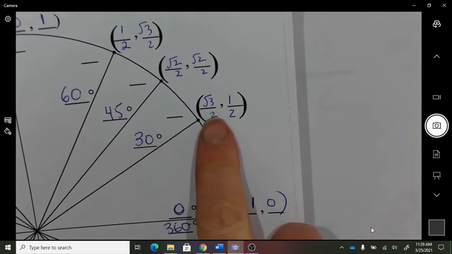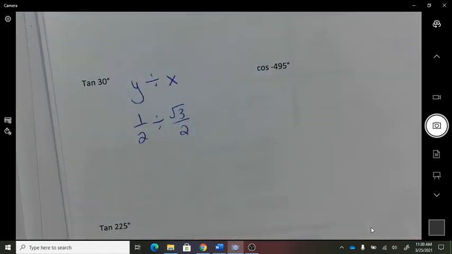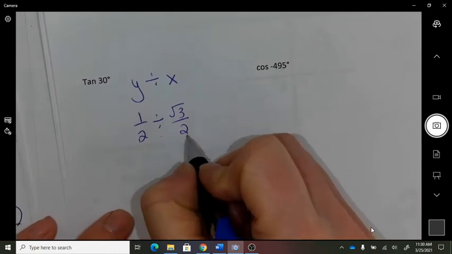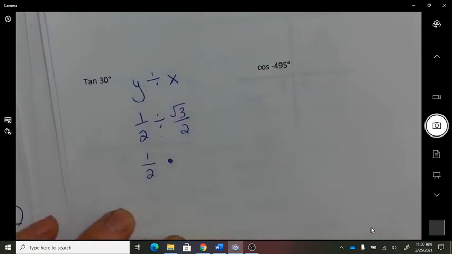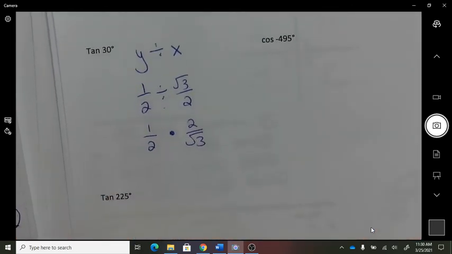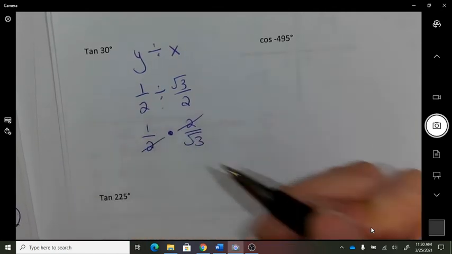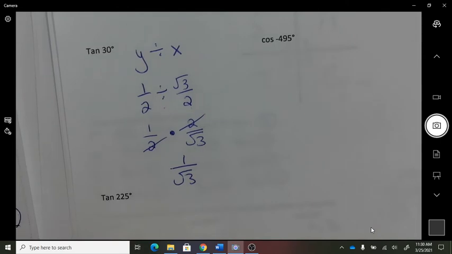So at 30 degrees, your x is root 3 over 2. Mathematically, dividing fractions will look like this, where I'm going to switch to times and I'm going to switch the fraction. This is actually going to cause my 2's to cancel, so I get 1 over root 3.